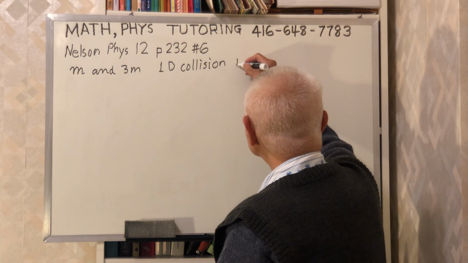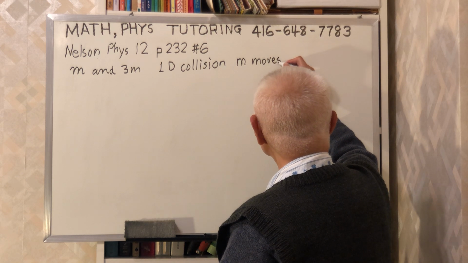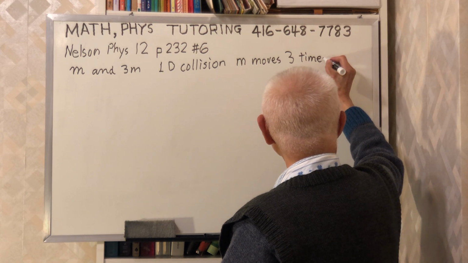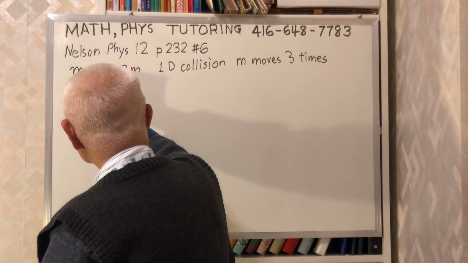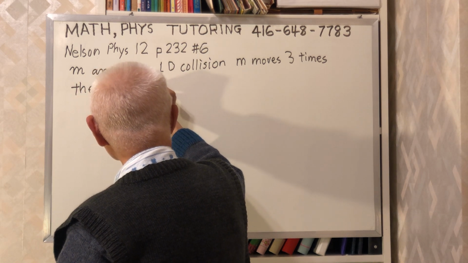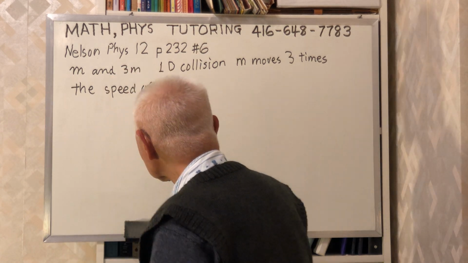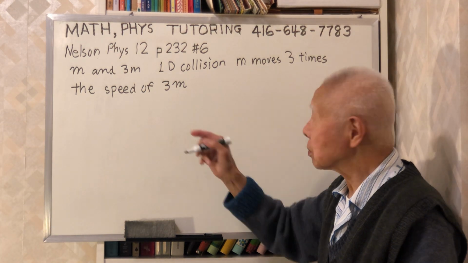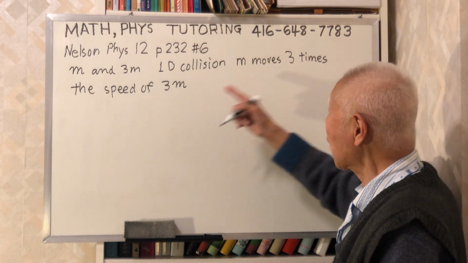And m moves 3 times the speed of 3m. m moves faster, 3m is slower. 3 times the speed.